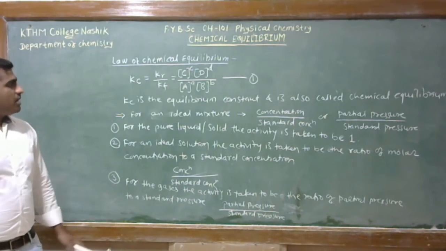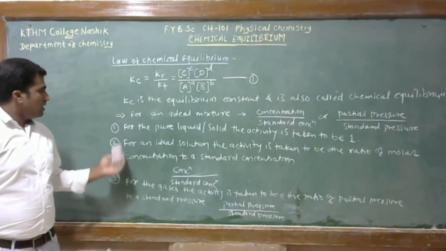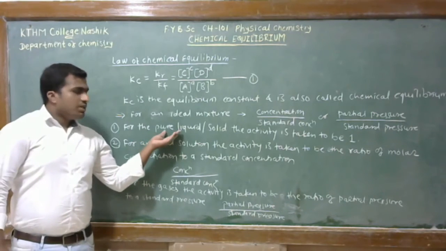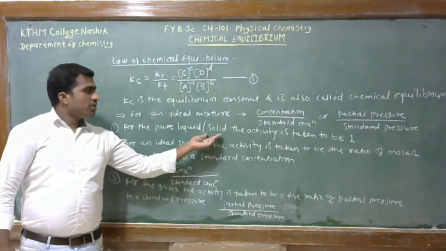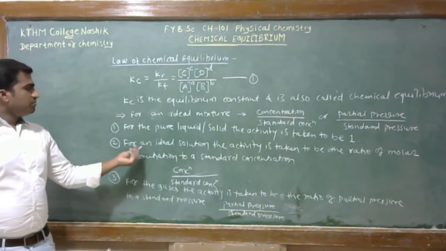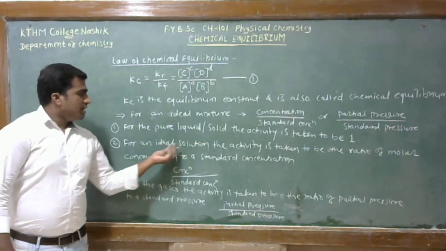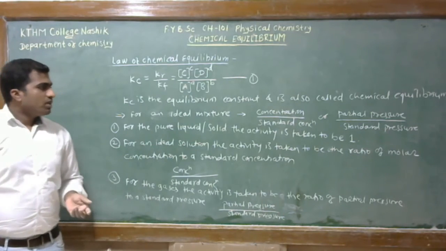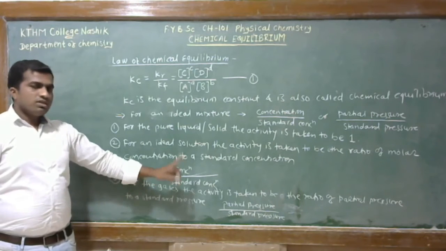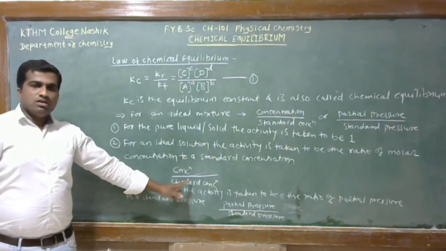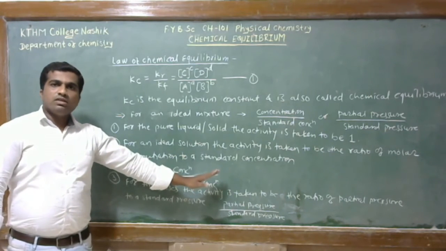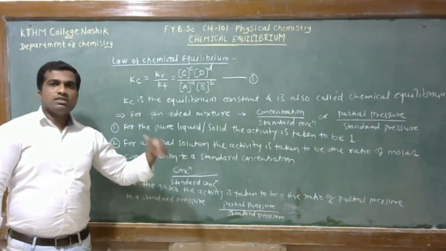So for the law of chemical equilibrium, we have seen 3 important points. First point is that the activity for pure liquid or pure solid is taken to be 1, and second point is that for an ideal solution, the activity will be the ratio of molar concentration to a standard concentration, and the units mole per liter get cancelled.